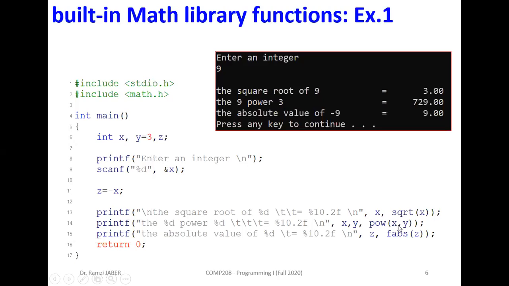Pow, 9 to the power 3, will be 729. And the absolute value of minus 9 is 9. The output of built-in functions in math is always float or double, so we have 0.0, always, okay?